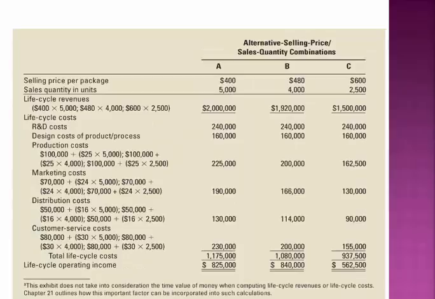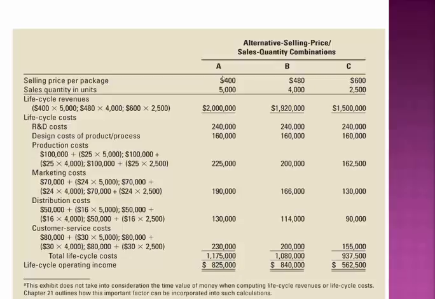Alright, so if we sell them at $400 per unit, we believe we can sell 5,000 units. If you go through and plug all the numbers, fixed and variable per unit, in there, you can come up with the total life cycle cost under that scenario and the total revenues for the number of units that we think we can sell. And we can come up with a life cycle operating income.